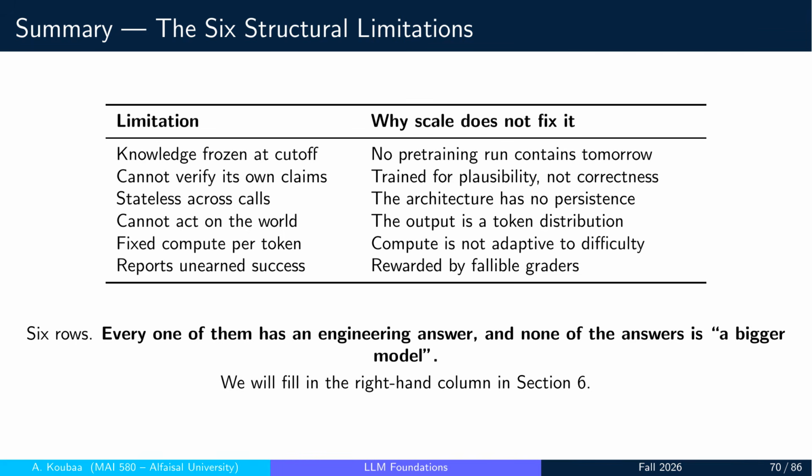Now look at the contrast, and let me put it as relative strengths rather than as guarantees, because a model can certainly fail at any of these on a given input. Its relative strengths are language understanding, synthesis, decomposing a problem, comparing two options, and choosing among candidate actions. Its structural weaknesses are current knowledge, persistence, external action, and independent verification.